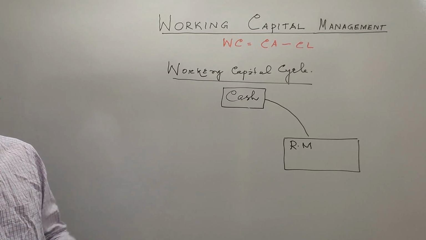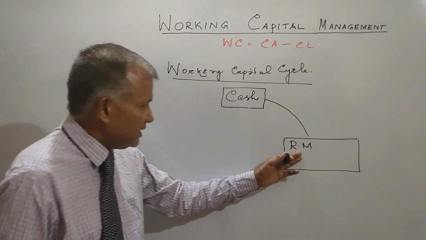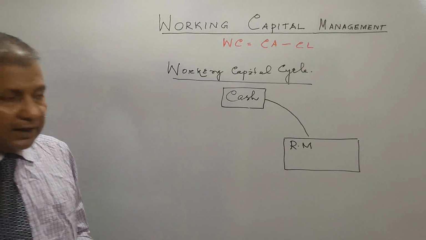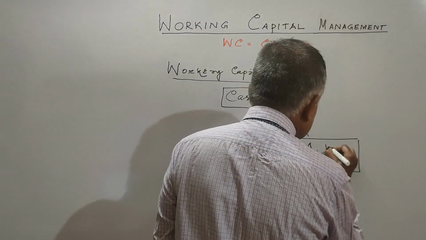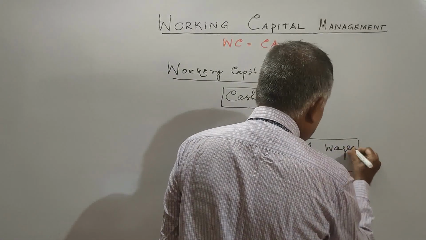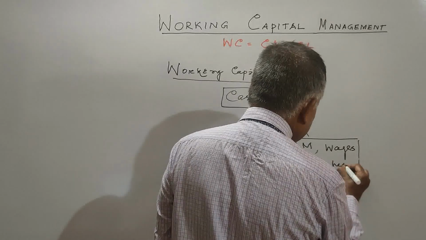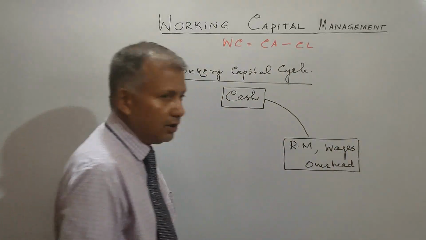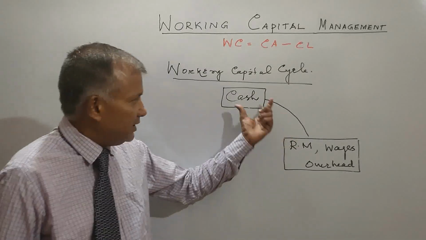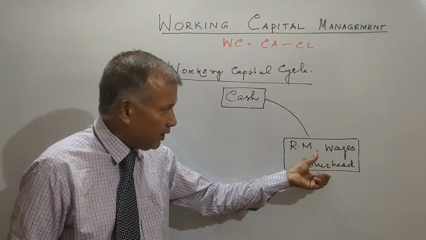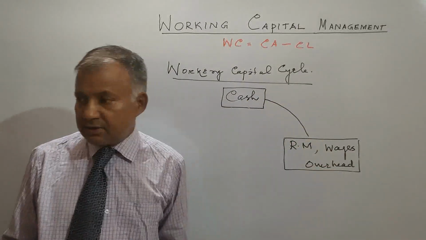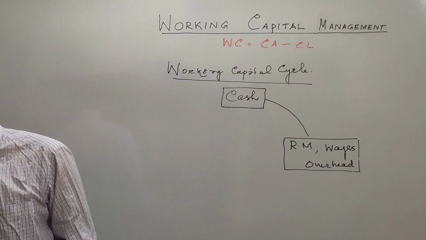He has a lot of cash. He can purchase the raw material, pay the wages, and also pay the overhead.